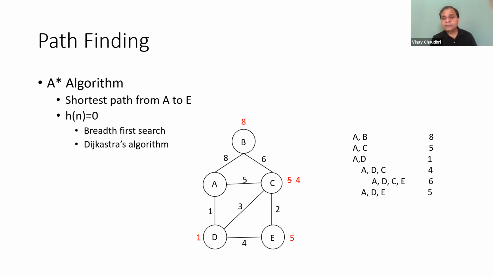And we realize that if we follow that path from C to E, the cost is actually going to be 6, and therefore the path that we have already found, from A to D and D to E, is the shortest path for going from A to E. So that was a quick walkthrough of how the A-star algorithm works for the case where the heuristic is set to 0.